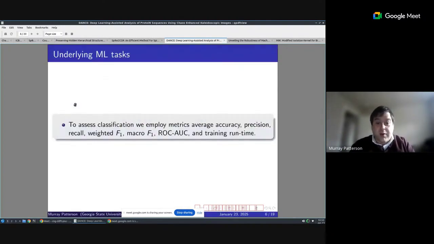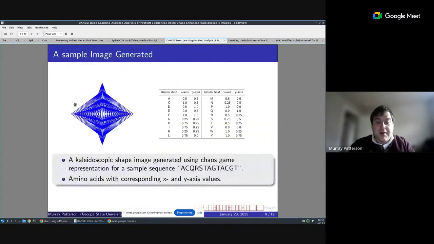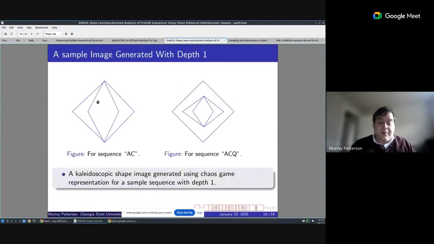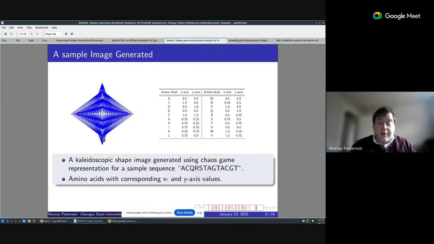This was another one where we built these kaleidoscopic images of the sequences. In some sense, it was again recursively defined. Each amino acid has a unique position, and then you're recursively building an image based on the sequence.